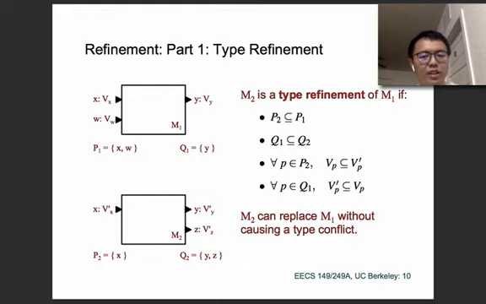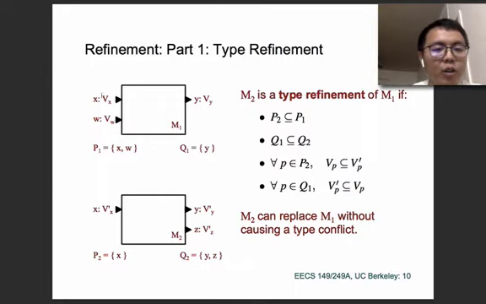In this case, we look at the type signature of the state machine's input and output. In particular, we talk about a state machine that has an input X in the upper left of your screen, with the data type V sub X. V and also V sub X is a set.